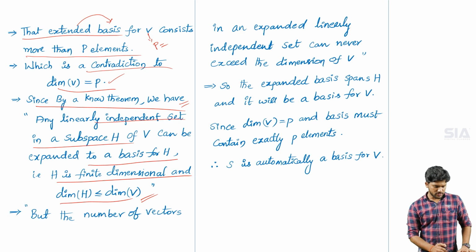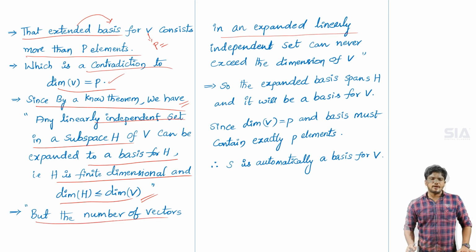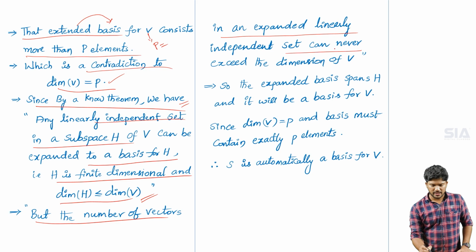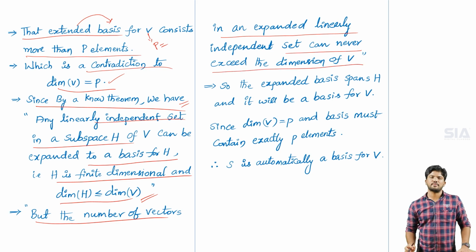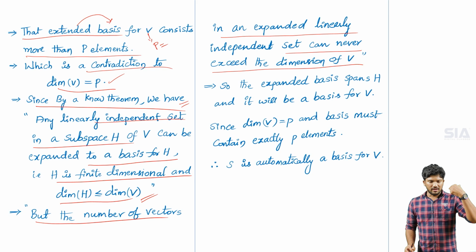Using that theorem, the number of vectors in an expanded linearly independent set can never exceed the dimension of capital V. Why? Because in a linearly independent set, the number of vectors is at most the dimension of the vector space.